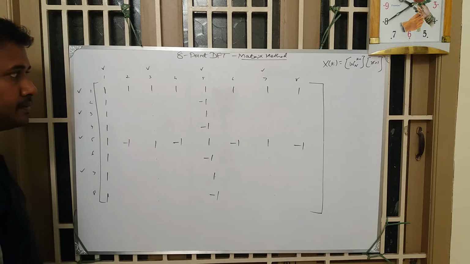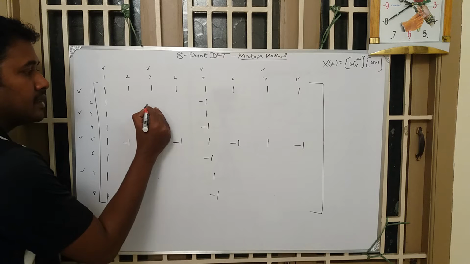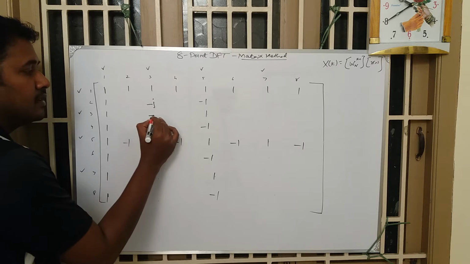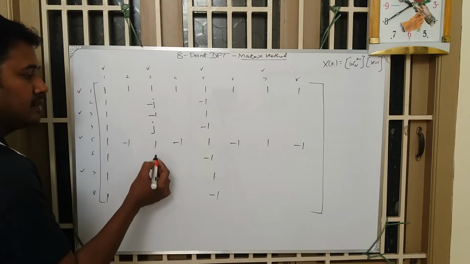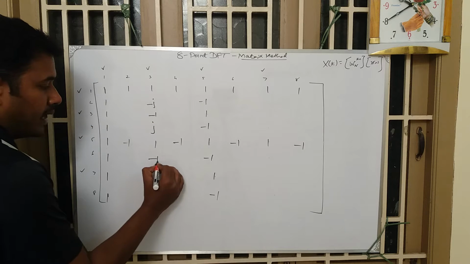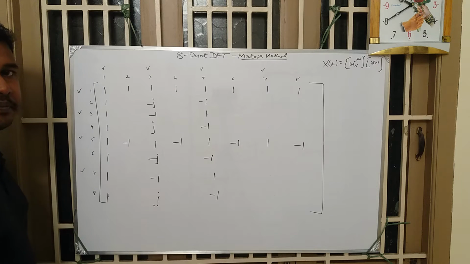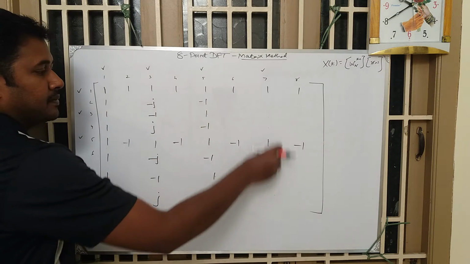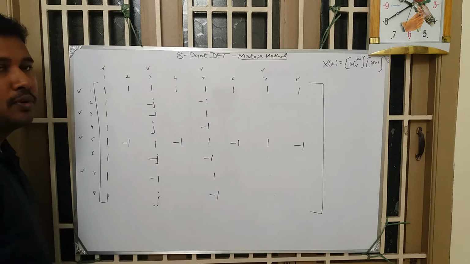Now go to the third column. It is starting with 1. Next it is minus j, minus 1, next j, 1, next minus j, minus 1, next j. Now come to the 7th column. Just write the conjugate value of the third column.